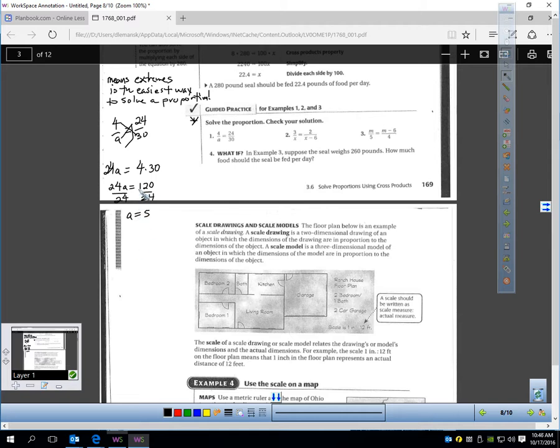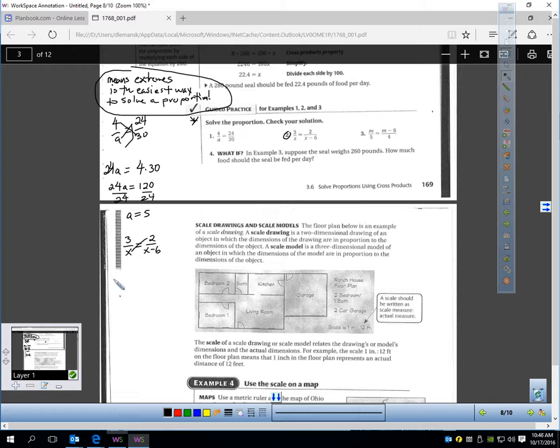Now, that proportion isn't very difficult, but look at the second example. Here's a perfect reason why you want to know this property and be able to execute this property. Let's do this problem down here, and let's use means extremes to solve it. 3 over x equals 2 over x minus 6. Okay, so let's multiply the means together.